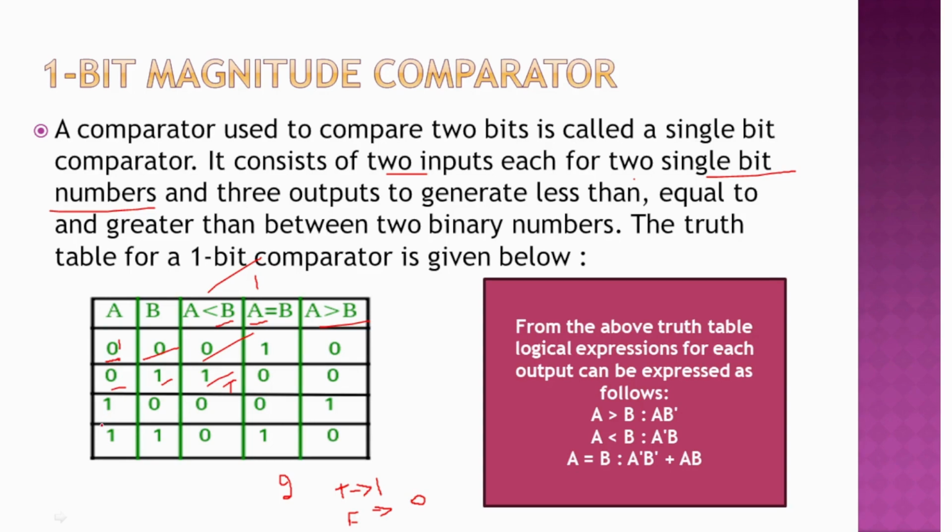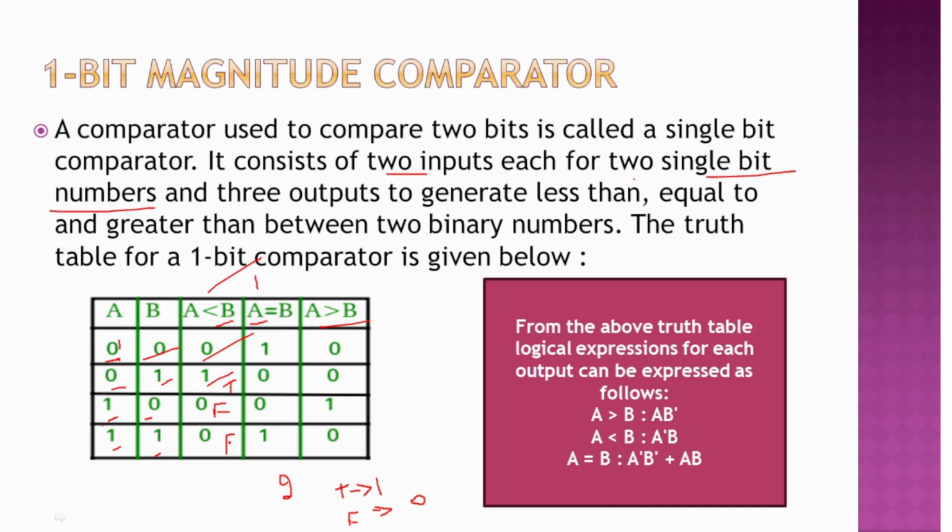And A is equal to 1, B is equal to 0. Here A is greater than B, so the A less than B condition is false, and you need to fill 0. A is 1 and B is 1, the condition is false, so you need to fill 0.